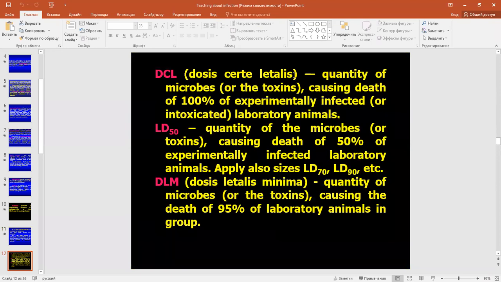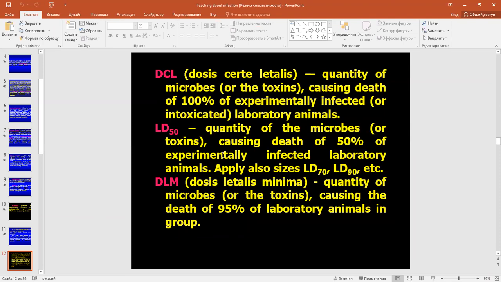Dosis certa letalis in Latin, abbreviated DCL, is the quantity of microbes or toxins causing death of 100% of experimentally infected or intoxicated laboratory animals. If in some group 100% of animals died after using this dose, it will be dosis certa letalis.